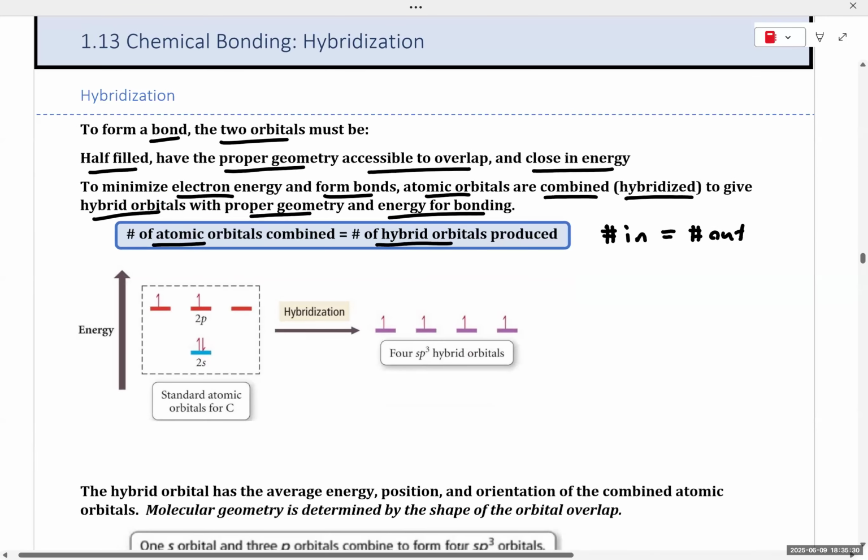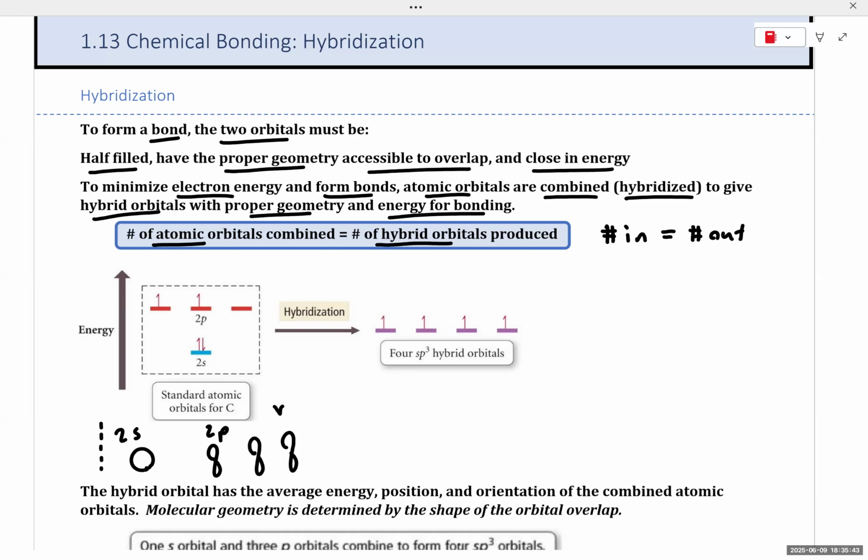Carbon has a 2s orbital and three 2p orbitals. These are the valence orbitals, the outermost orbitals that are most relevant for bonding. It also has a 1s orbital, but that's not really relevant for this discussion.